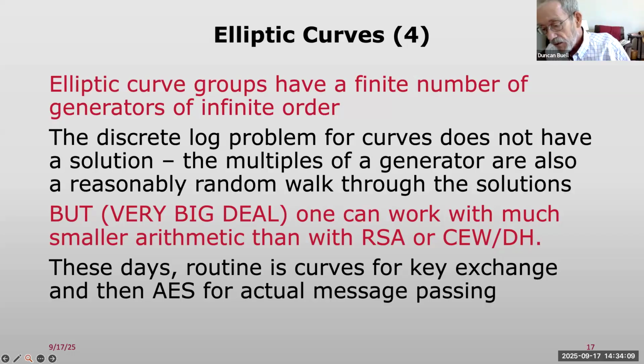And now there are just dozens and dozens of books on elliptic curves. And there are bad curves. There are certain kinds of curves for which the discrete log problem can be really easy. And if you avoid those kinds of curves, you generally do get the security you want.